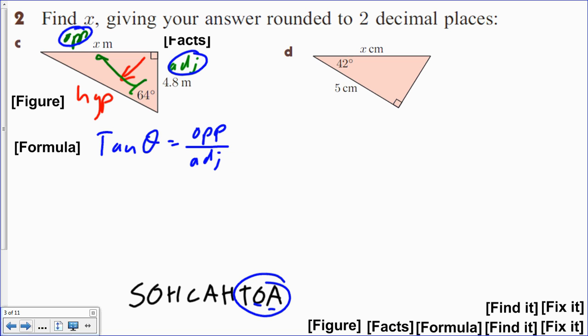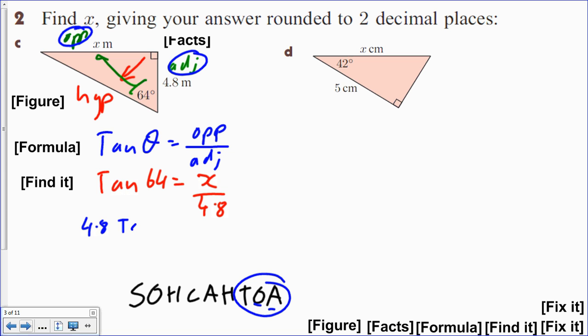Then I need to start going through my find it phase. So I can write that in. Tan doesn't change. Look at the angle there is 64. My opposite side there is x over my adjacent side, which is 4.8. Then continue on my find it phase. So 4.8 tan 64 equals x.